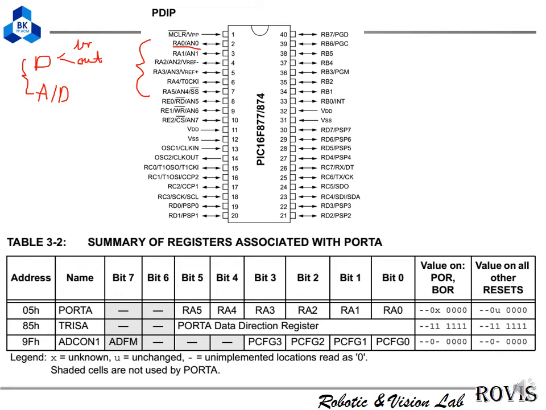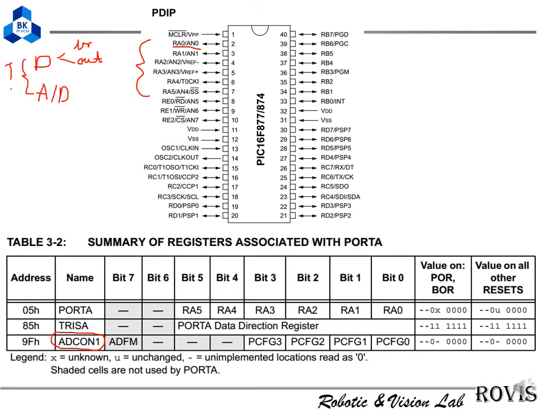And then after we make pin 2 a digital function, we will have another method to make this pin an input or output function.